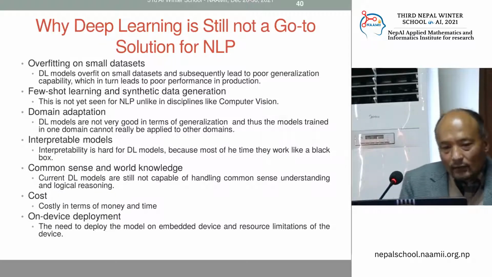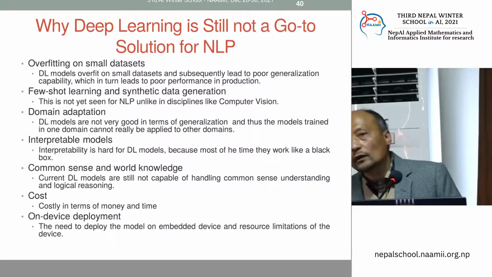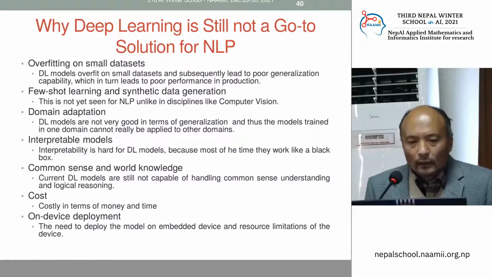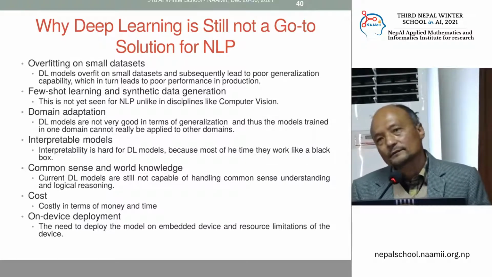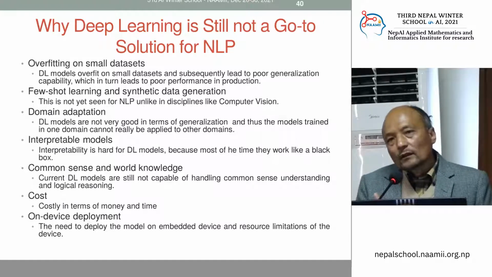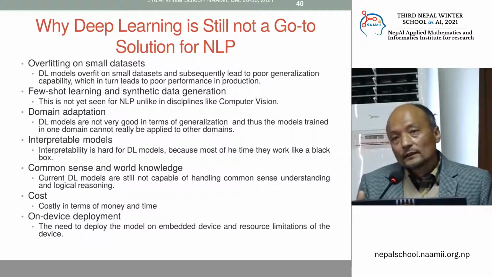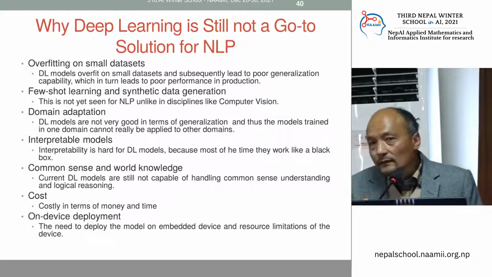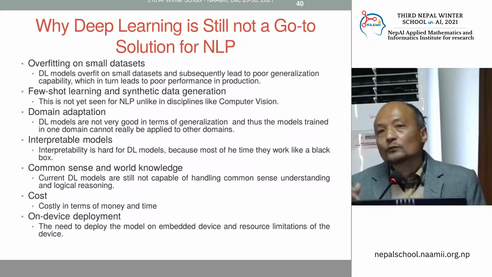The other is few shot learning and synthetic data generation. You have heard about zero shot learning or few shot learning, different models introduced by Facebook and other tech giants. Few shot learning works with image processing, for example, or computer vision problems. Even with smaller amounts of data, the outcomes are quite good.